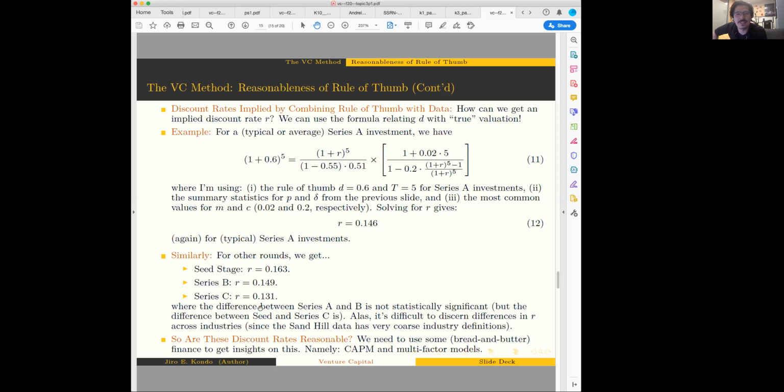So there's strong statistical evidence that the discount rate once you get to Series C is lower than the discount rate at the seed stage. By the way, if you're worried about Series A being lower than Series B, the difference between 14.6 and 14.9 is statistically inconsequential. In other words, you don't reject the hypothesis that this is equal to this.